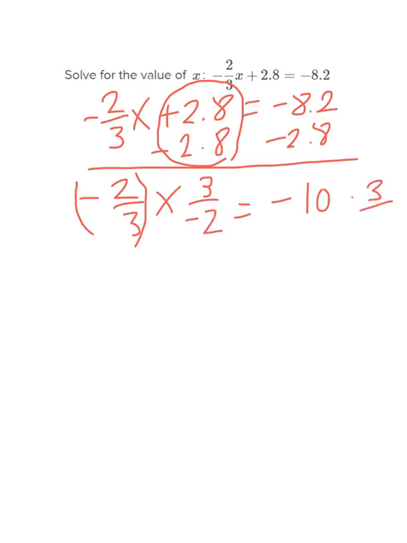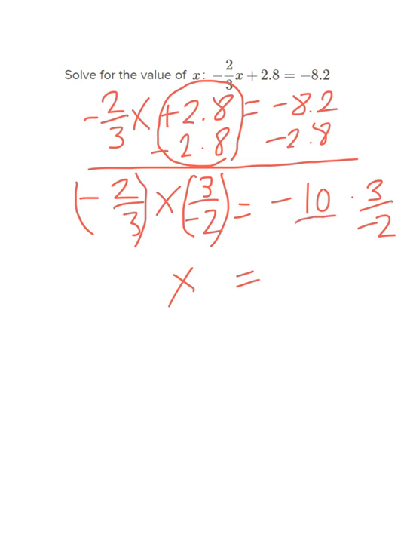Now on the left-hand side you get negative 2/3 times 3 over negative 2. When you multiply these two fractions, you get negative 6 over negative 6, which equals just 1. So all you have left on the left-hand side is 1 times x, or just x.